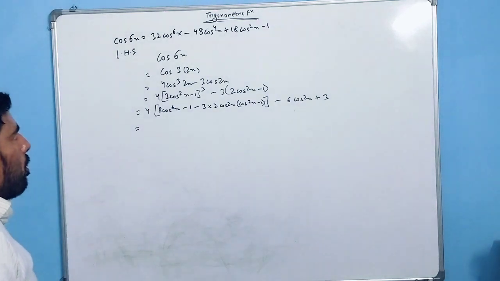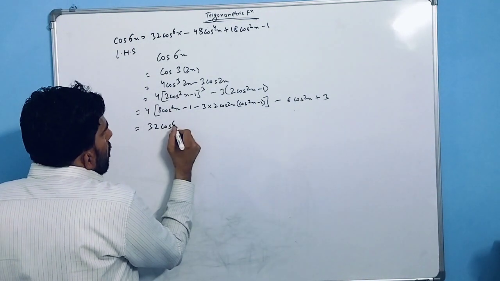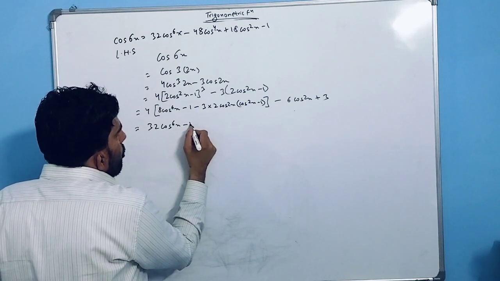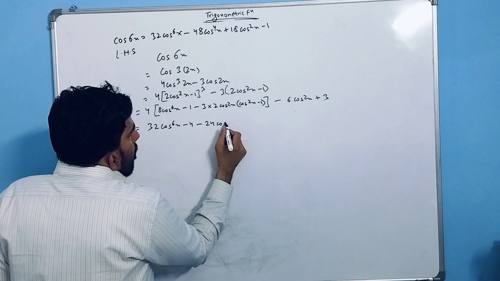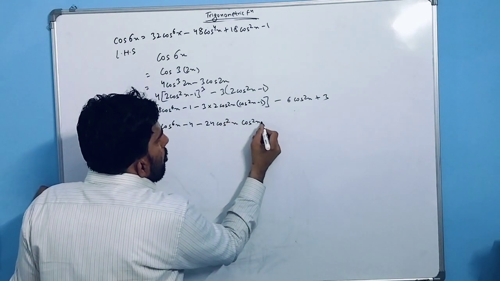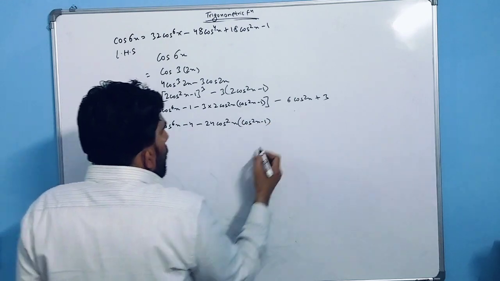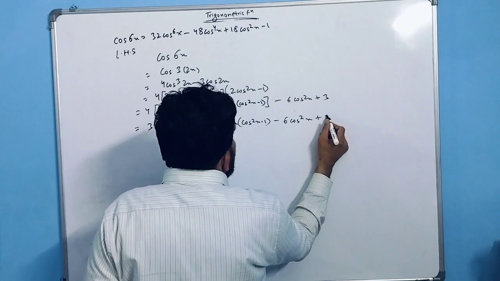So we have sorted out this: 32 cos to the power 6 x, minus 4, minus 24 cos square x into (cos square x minus 1), minus 6 cos square x plus 3.